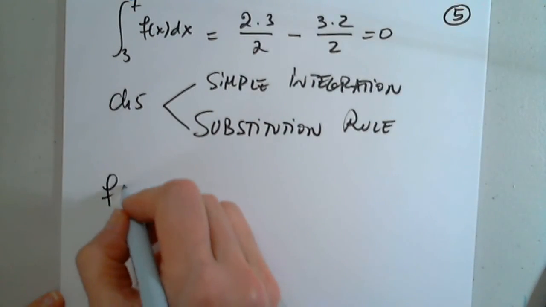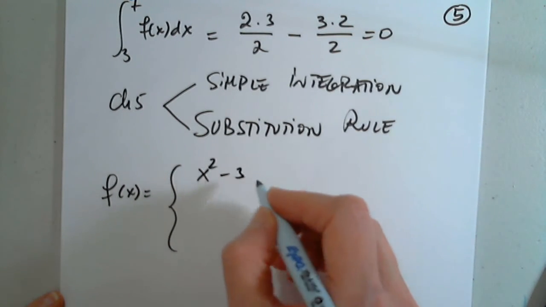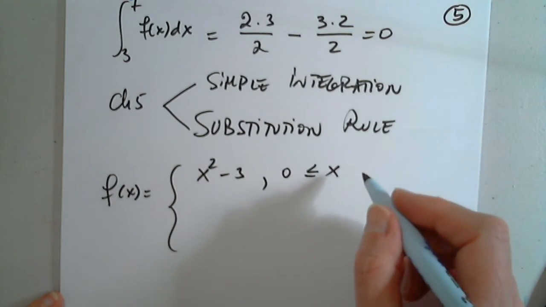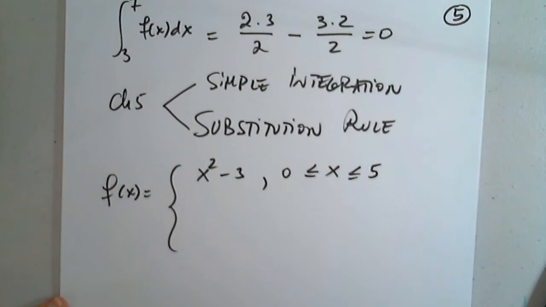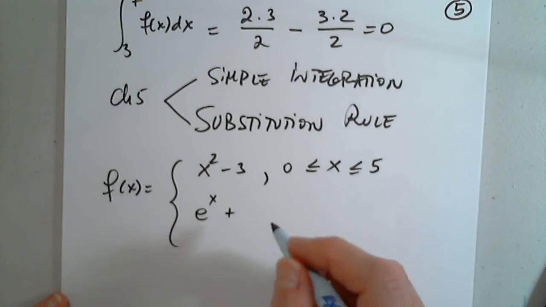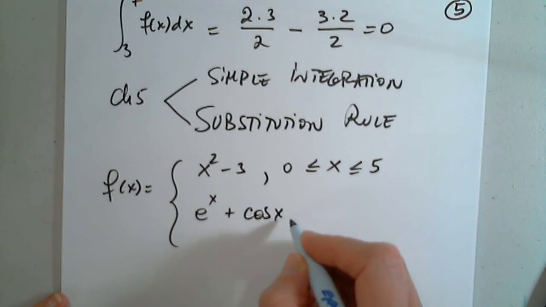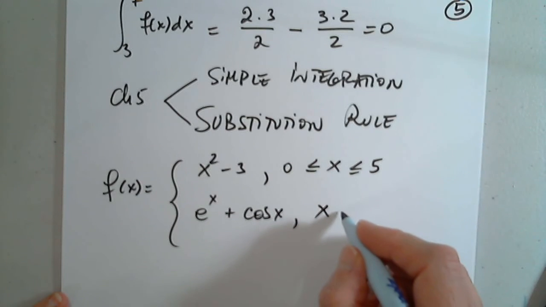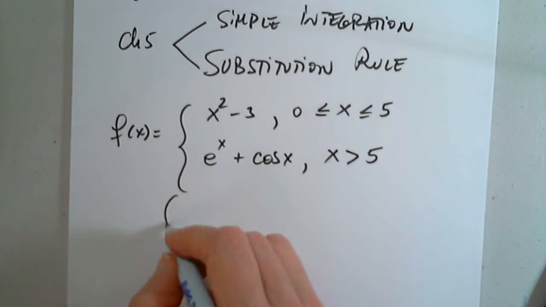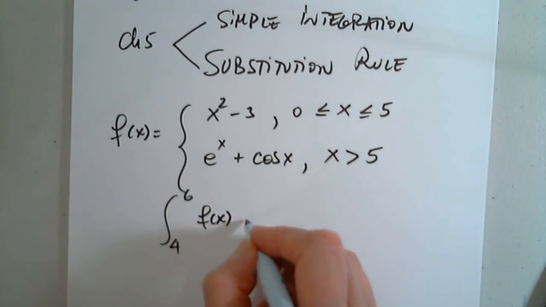Let's suppose I have a piecewise defined function that is x squared minus 3 for x between 0 and 5, and let's say e to the x plus cosine x for x greater than 5. And I'm asked to find the integral from 4 to 6 of f of x dx.